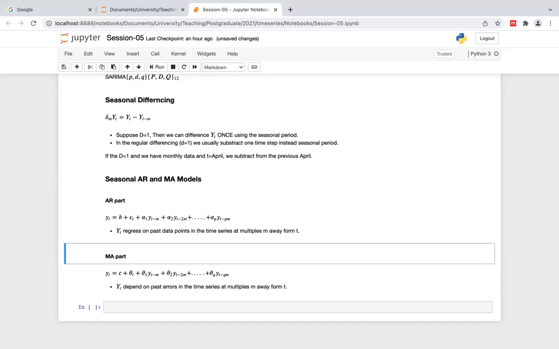Then you have to identify that, and substitute this value to M. Then once you consider the order, which means the capital P, Q values or capital D value for the differencing, you have to jump based on this M value instead of just one. That's the only thing you have to keep in your mind.